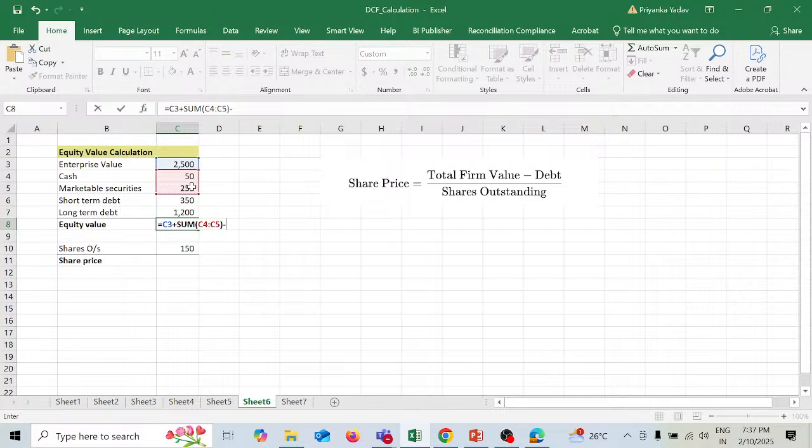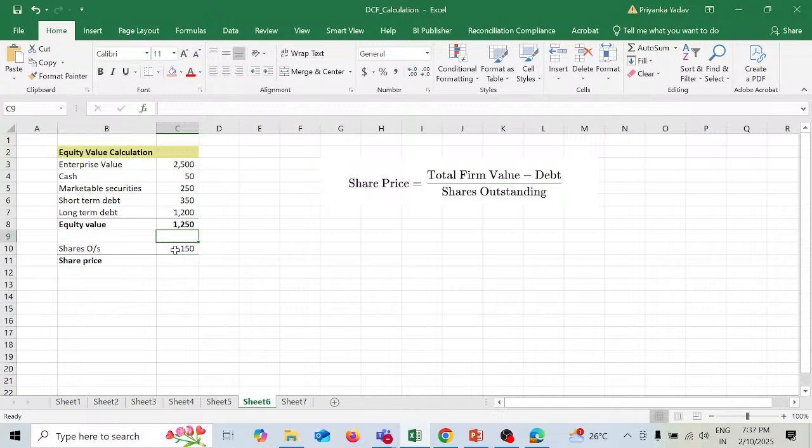So long-term debt, short-term debt, whatever debt you are having, deduct it. Then you will get the equity value. So this is 1250.